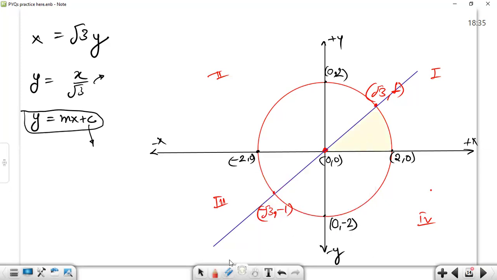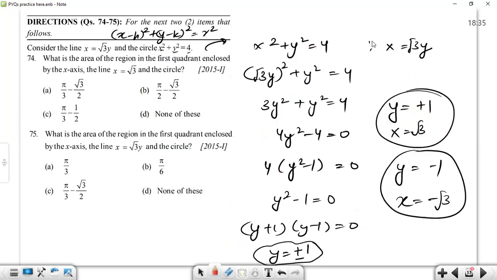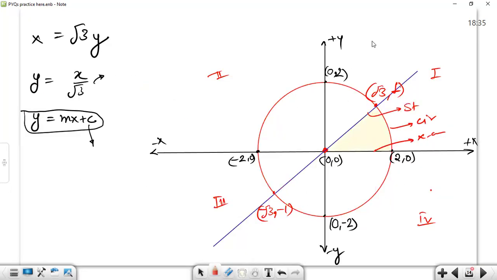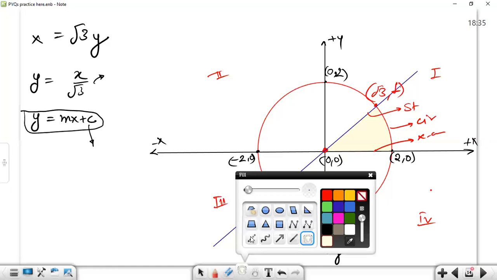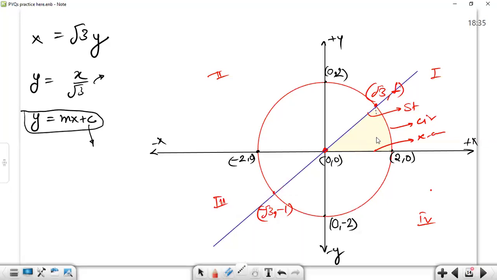Why? Because this is a straight line, this is our circle, and here is our x-axis. So this is the area, not this one. Is this clear? Yes, sir. For this, we can simply use our geometrical skills. Let's draw a perpendicular over here.